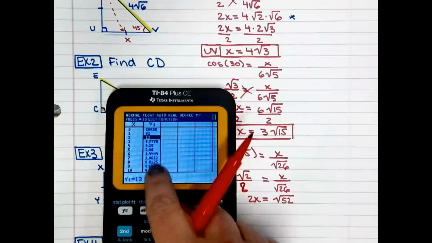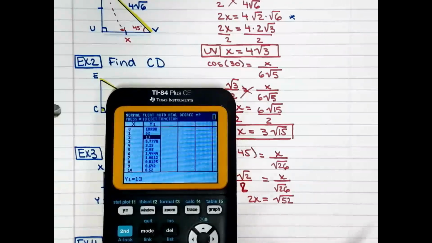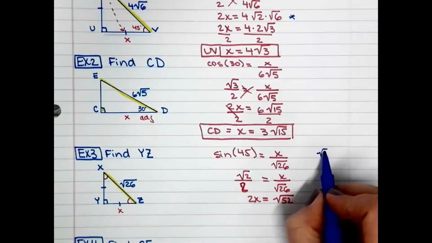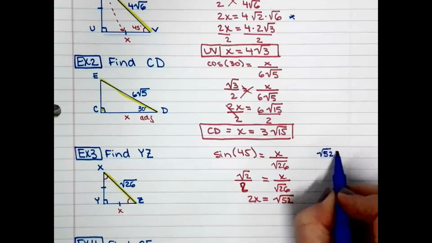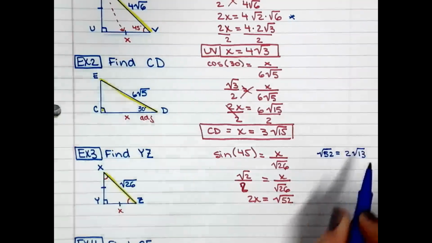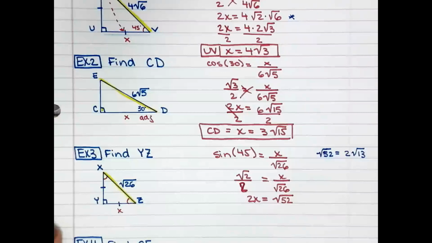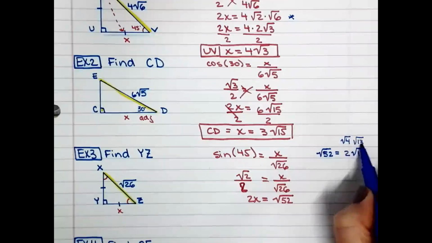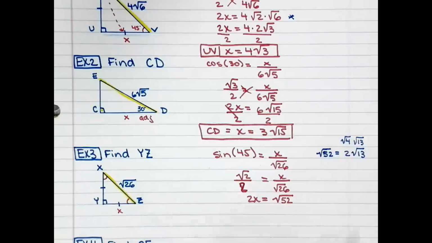And I know right there I don't have anything lower than 1. So when I simplify square root of 52, I can rewrite it as 2 square root of 13. And if you can't remember that trick, that's fine. You can rewrite 52 as square root of 4 times 13, because 4 times 13 is 52. Either way.